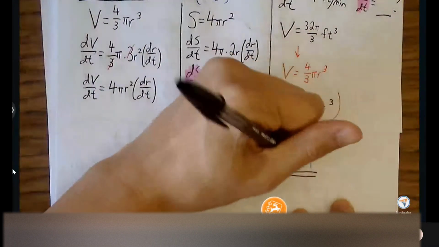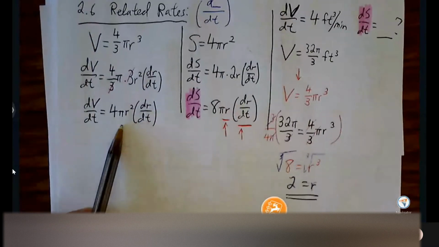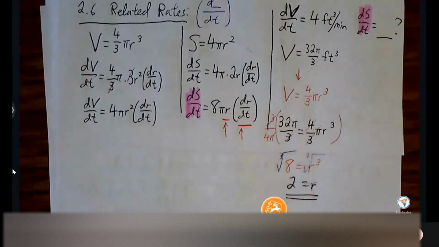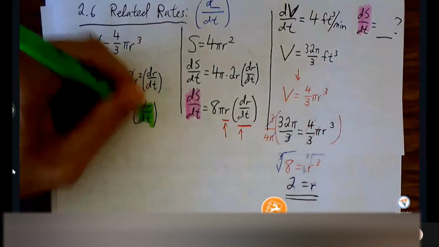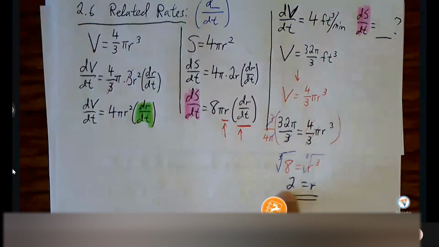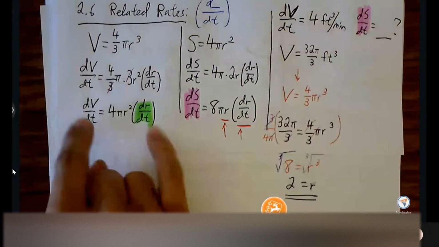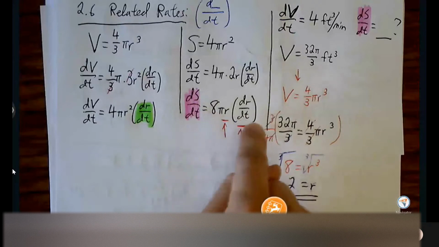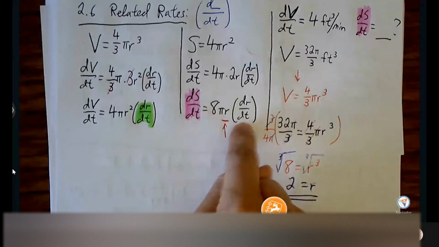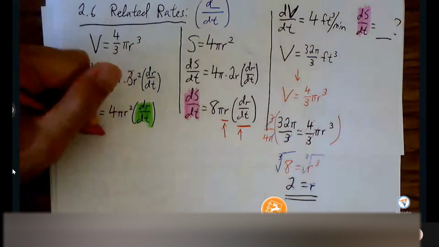And then if you plug it into the dV/dt equation, that'll lead us to the what? dr/dt, yeah, good. So we have radius being 2, we have dV/dt, and so we're seeking out another equation that can help us find another missing variable that we need. Okay, so we'll work with this equation.